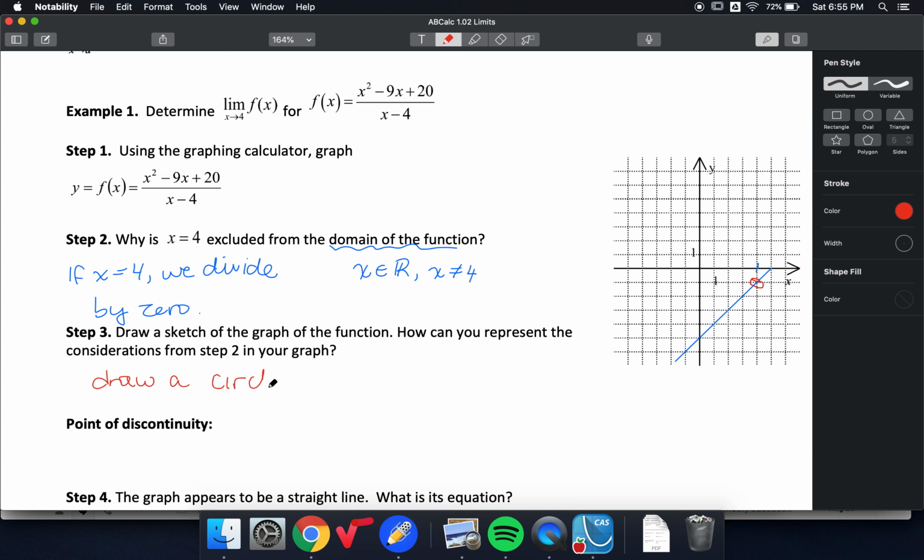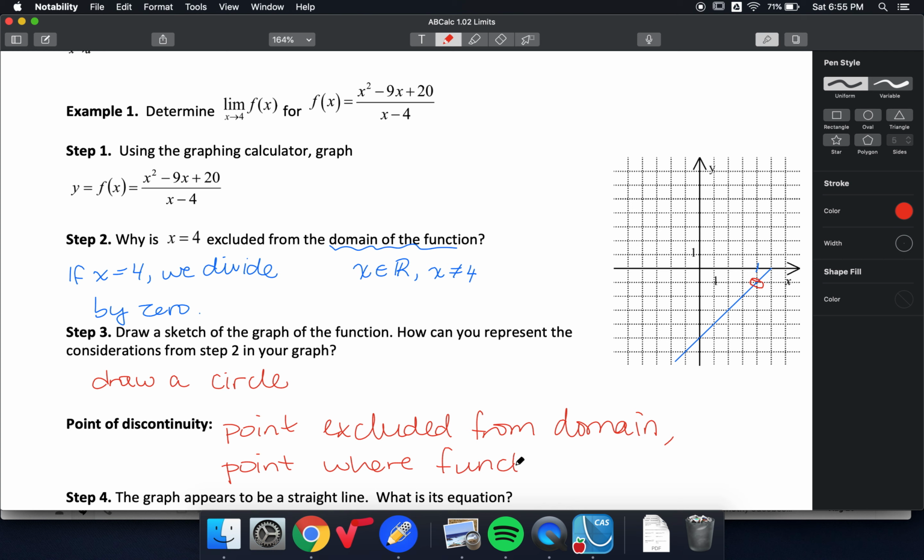Actually, I'm going to draw a circle to represent the hole. The point of discontinuity is a point that's excluded from the domain, and it's a point where the function does not exist. So I'm going to use DNE for does not exist.